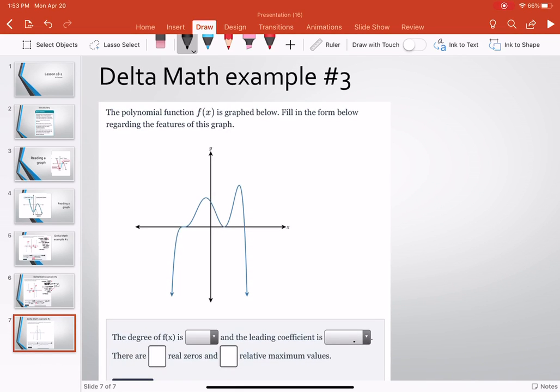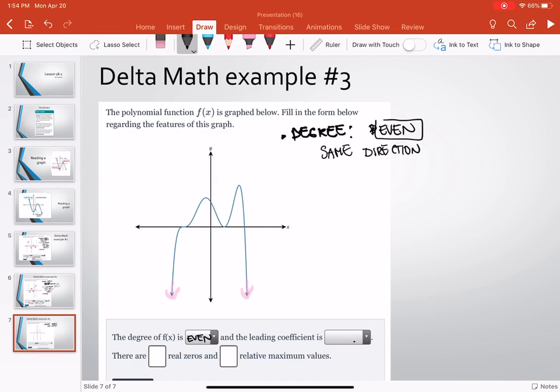Okay, so let's do our degree. What is the degree of this guy? Well, let's look at the end behaviors. Are they in opposite directions or are they in the same direction? So if it's the same direction, this would be even. Okay, so here it is an even degree.